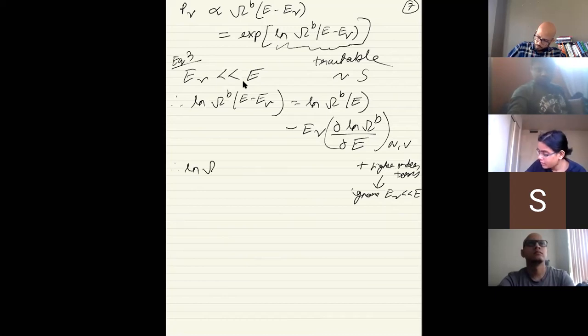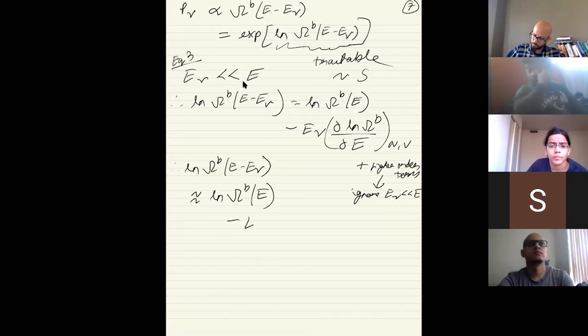Therefore, ln omega bath of E minus E nu is approximately ln omega bath of E minus E nu times that derivative.